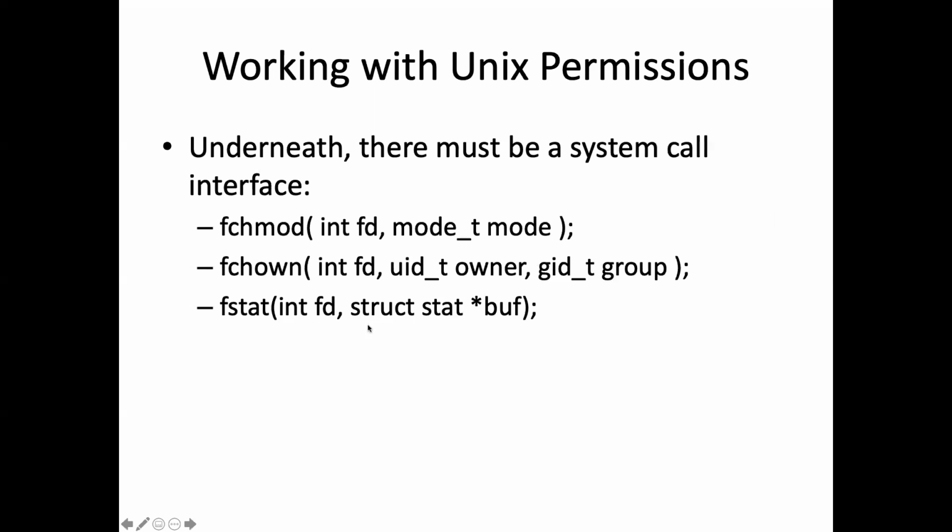You just have to give it the file descriptor, the integer that you got when you opened the file, and a pointer to a struct, and it'll fill in that struct with all the information we talked about: who owns the file, what group ownership is associated with that file, the permission bits associated with that file, and a bunch of other stuff that we haven't talked about. But this is a standard way of getting information about a particular file.